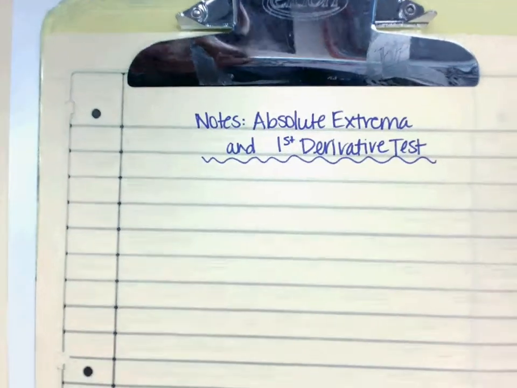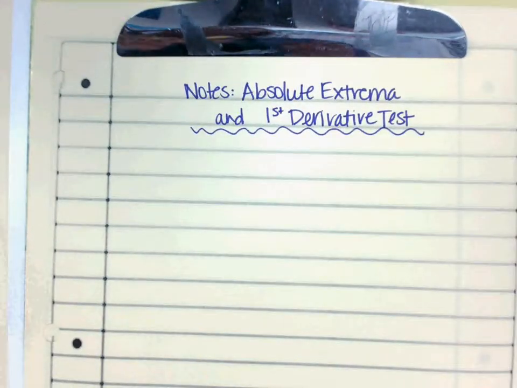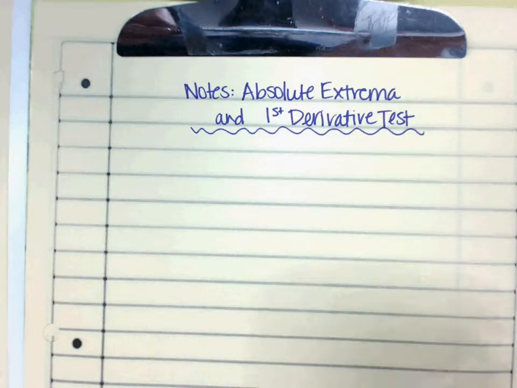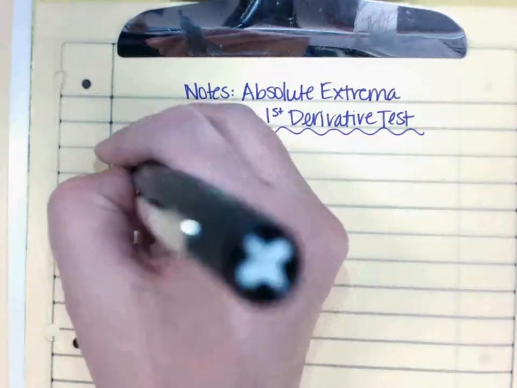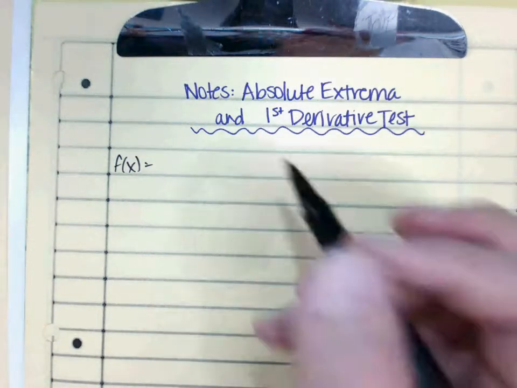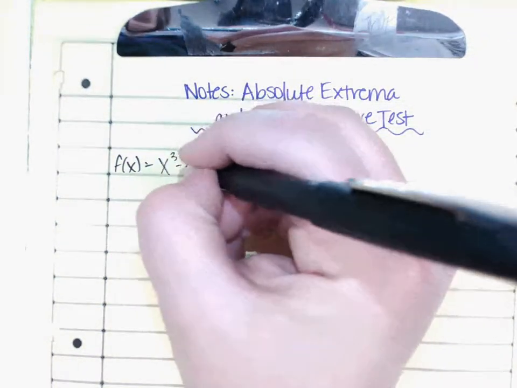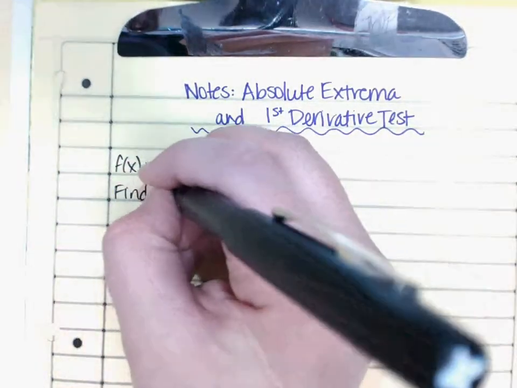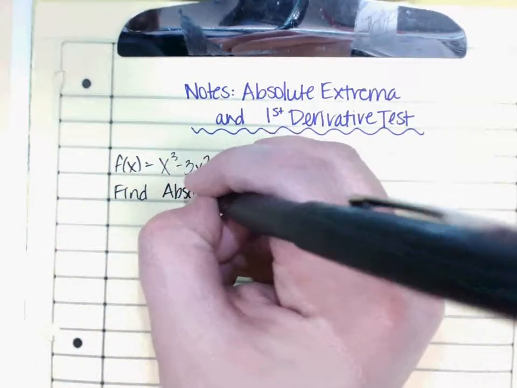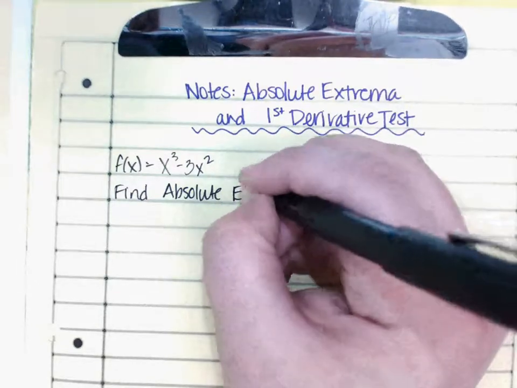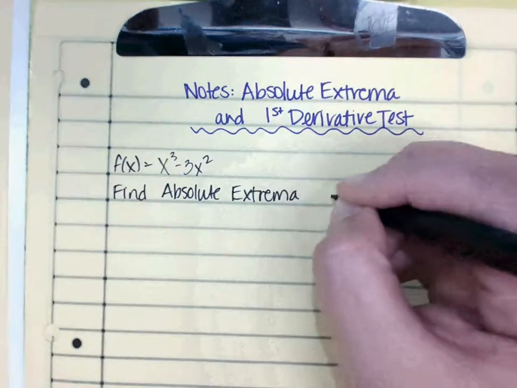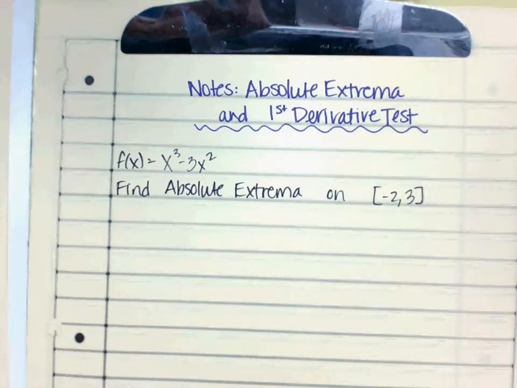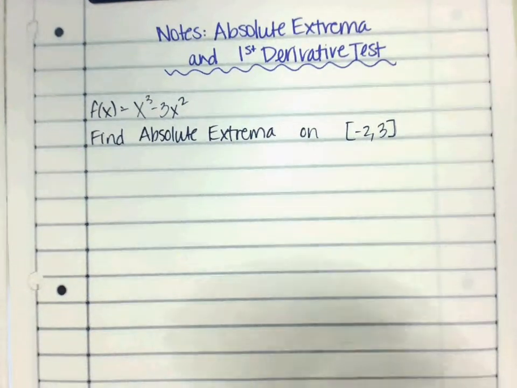Alright, notes for today. So we're going to do first derivative test, but we're going to look for absolute extrema. So the only difference, f of x equals, is that you're going to be finding absolute extrema on -2 to 3.